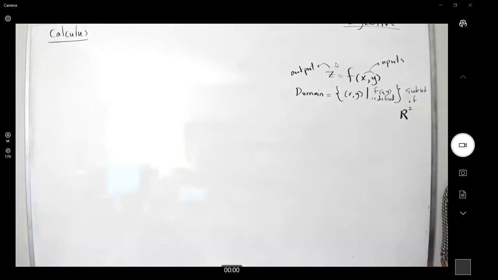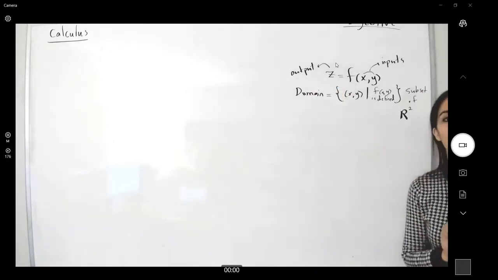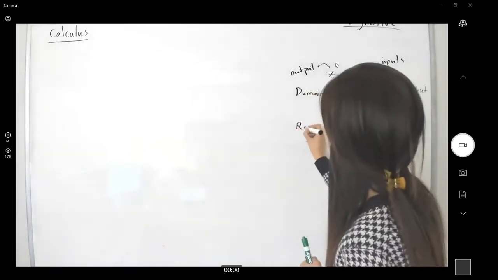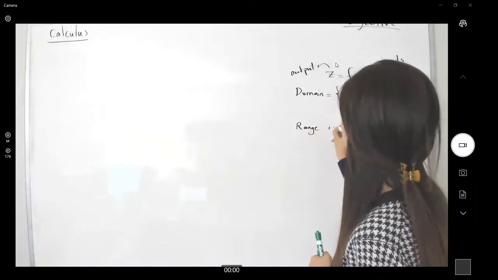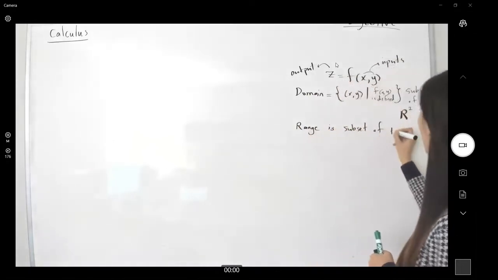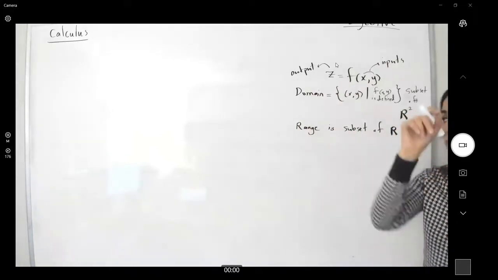Remember that the range of the function, or output values, is a subset of the real line. What is R? R is just your real line.